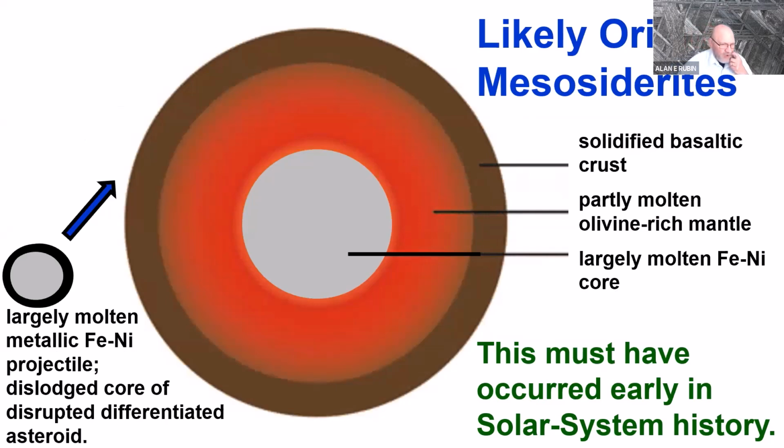Over here, we have a relatively small projectile. Actually, it's fairly large, but it's a largely molten metallic iron-nickel projectile early in solar system history before the metal core was able to crystallize appreciably. And this is the dislodged core of a disrupted differentiated asteroid. And it just impacts the basaltic crust of this differentiated asteroid, which has a solidified basaltic crust over here. At the time, it had a partly molten olivine-rich mantle and a largely molten iron-nickel core.